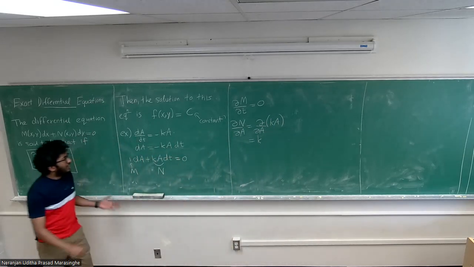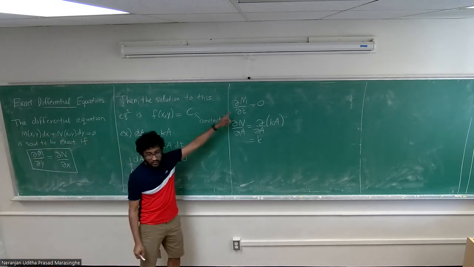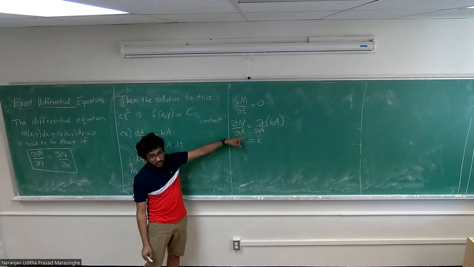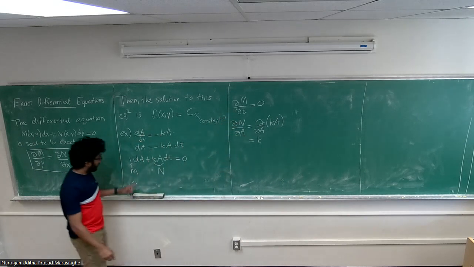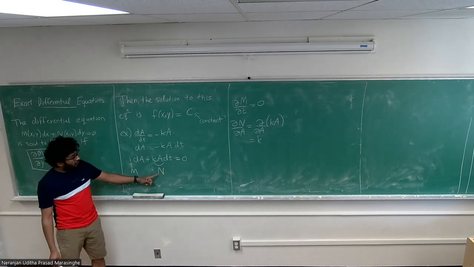What can you say about the exactness of this? This is not an exact equation, because these two should be equal. If this is an exact equation, the partial derivative of M with respect to t should be equal to the partial derivative of N with respect to A.